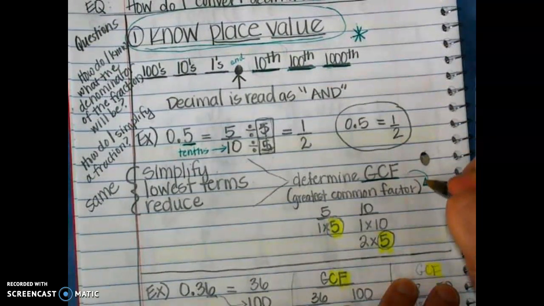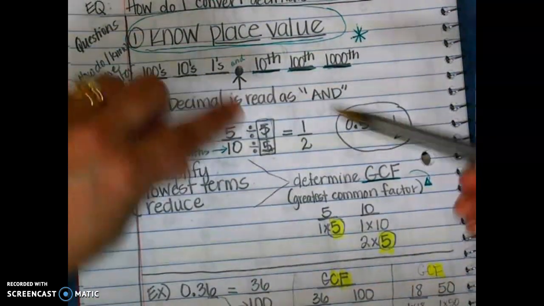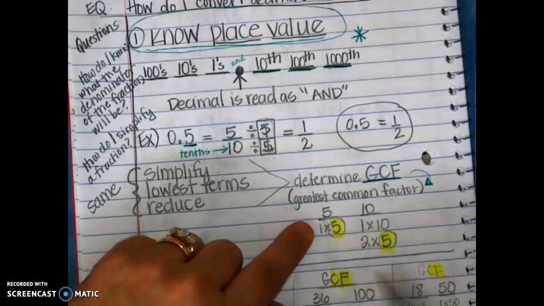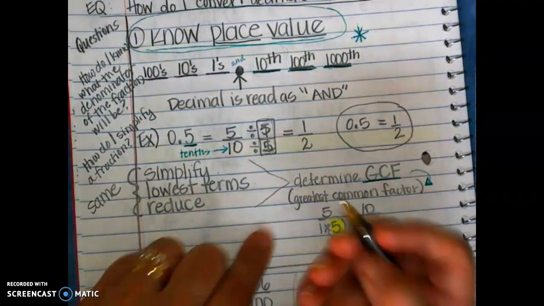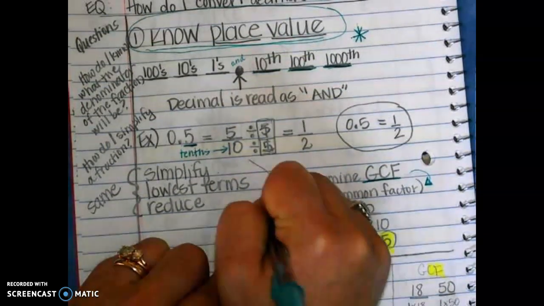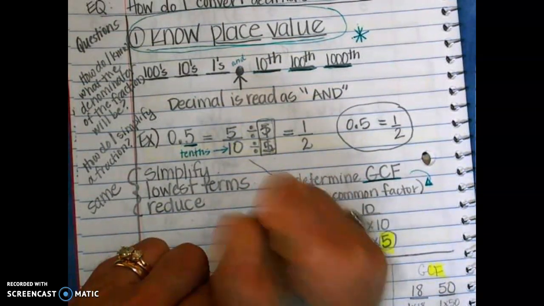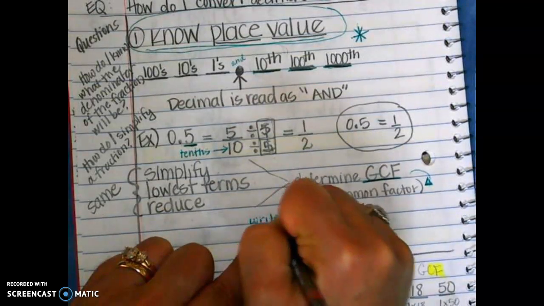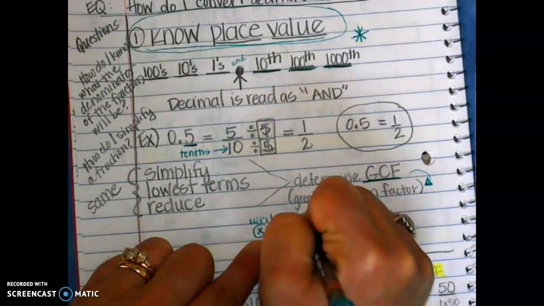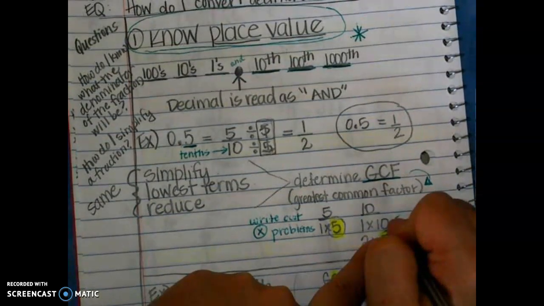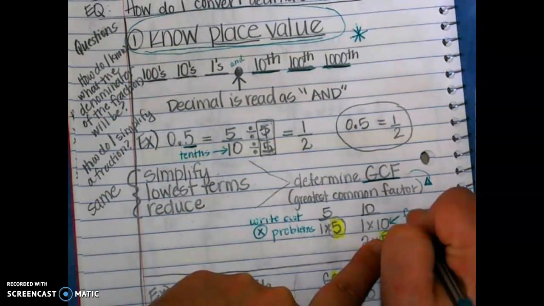To find the greatest common factor, what we do is we take our two numbers, example 5 and 10, and we write out the multiplication problem. So write out multiplication shortcut problem. These numbers in these multiplication problems, those are your factors.